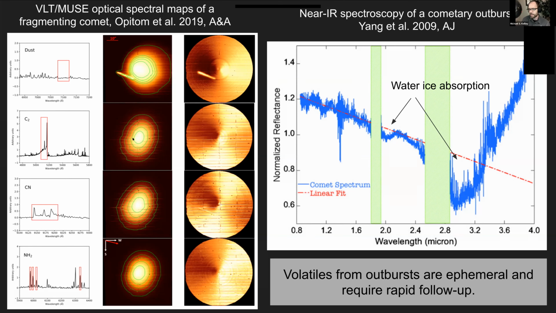Or something that I like to study a little bit more is water ice absorption features in the near infrared. Comets are made out of ice, but it's actually challenging to find that ice because it sublimates on the surface. It isn't actually dragged into the coma under normal circumstances.